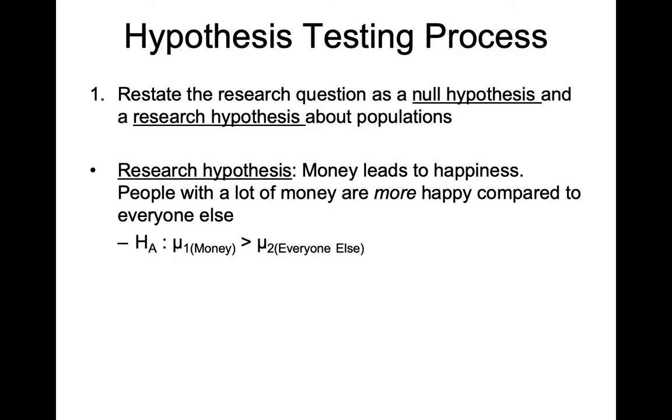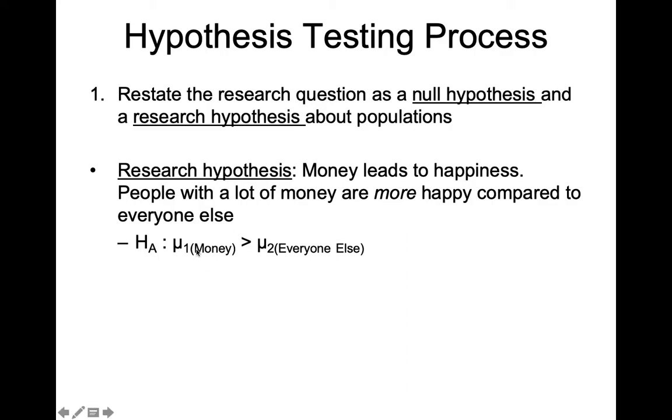In symbols, we're going to state this as H sub A. Recall that the research hypothesis is also called the alternative hypothesis. It's the alternative to the null, and that's why we use the subscript A. So H sub A is the way that that's described in formal notation.